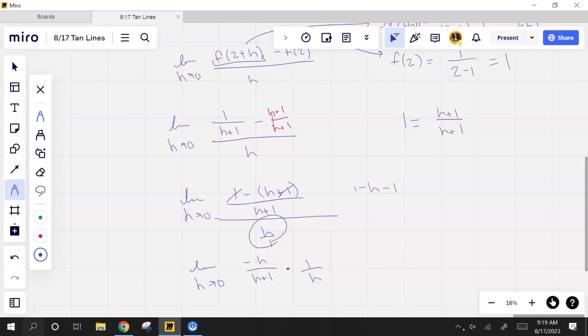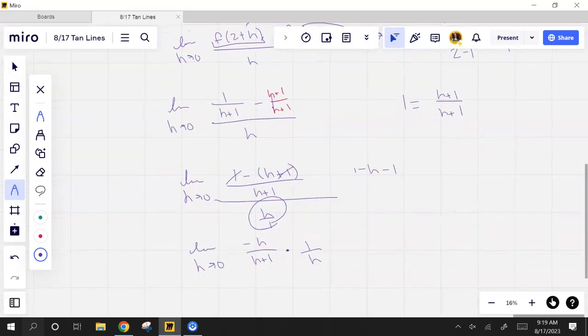How did you get rid of the top denominator? I don't know how to explain it. There are like 2 fractions. How did I get rid of what? Ask me again. Okay, so the h, this below.